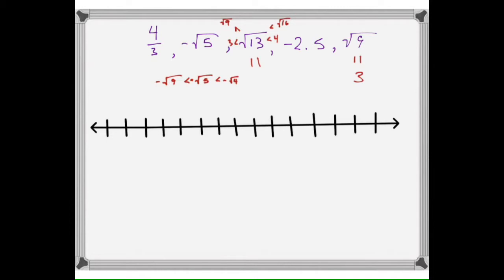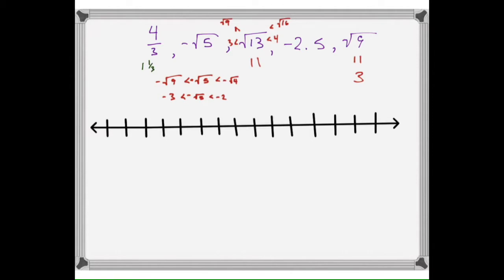So negative radical 9 is smaller than negative radical 5. So negative radical 5 is somewhere between negative 3 and negative 2. Which one's it going to be closer to? Negative 2, because 5 is closer to 4 than it is to 9. And it might help to rewrite 4/3 as 1 1/3.